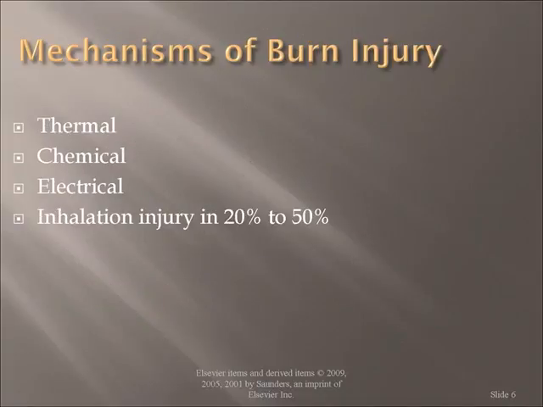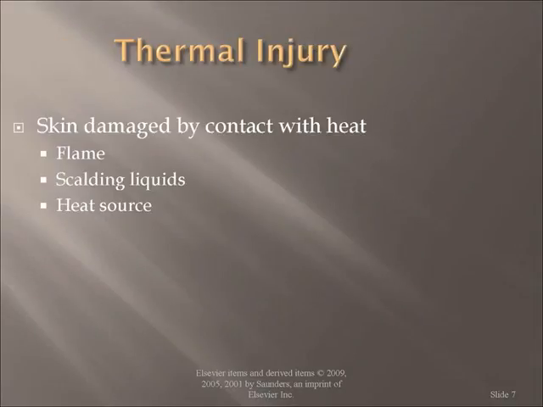So the different types of burn injury mechanisms are thermal, chemical, electrical, and then inhalation injury. With thermal injuries, the skin is damaged by direct contact with heat. This would be a flame, a heat source, or some type of scalding liquid.